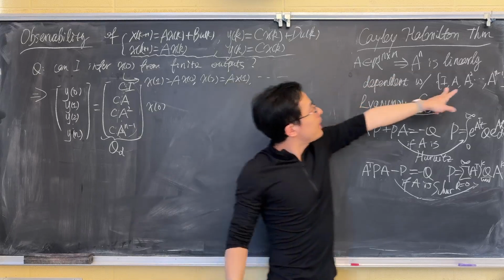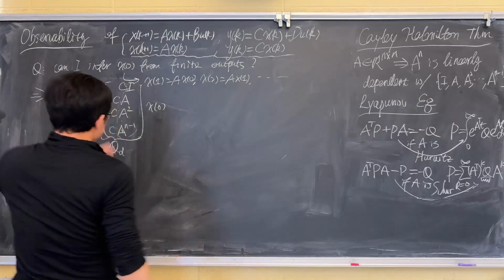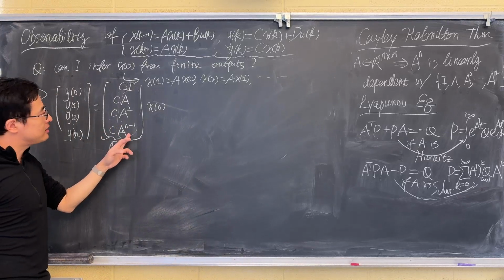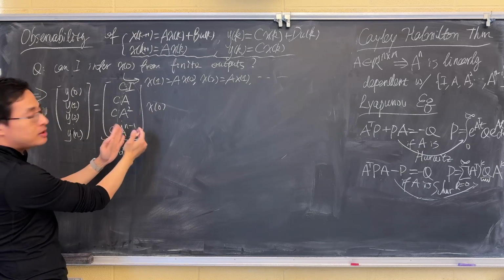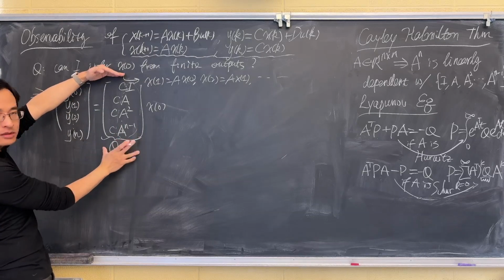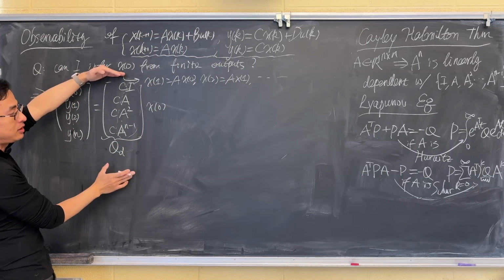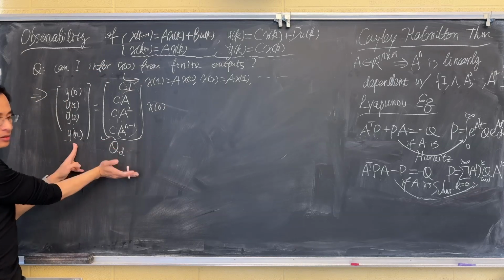We have these patterns of the A matrix appearing, but in this case we are not adding columns to the controllability matrix. We are adding rows to this observability matrix. When I have one more measurement, I stack more rows here.